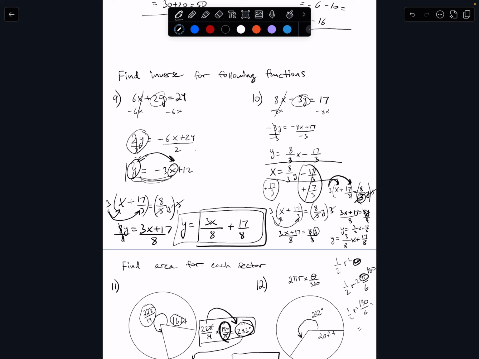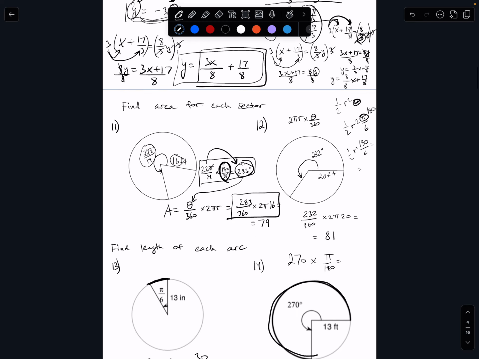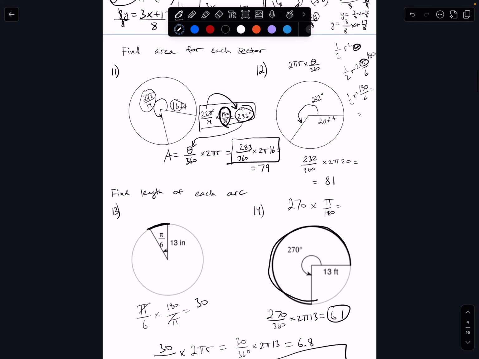So it should follow along. If you have issues with inverse, my suggestion is YouTube videos on how to do inverse. It's pretty simple.